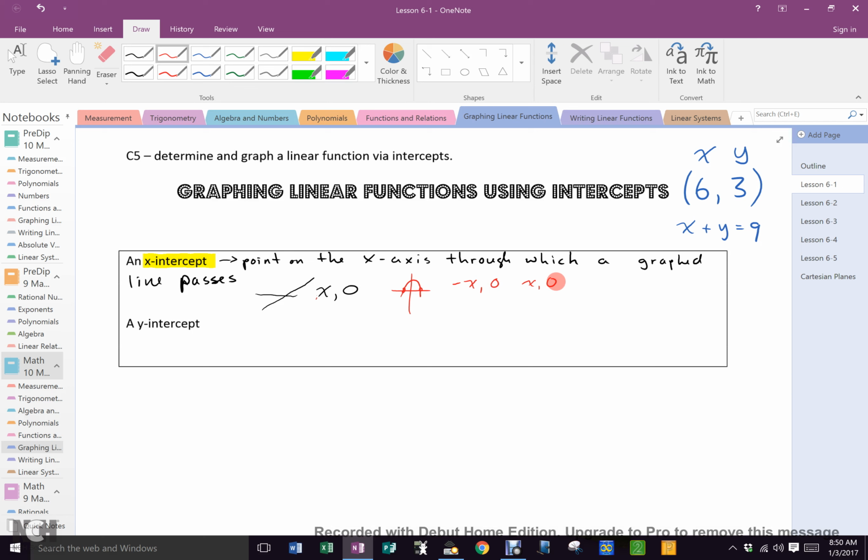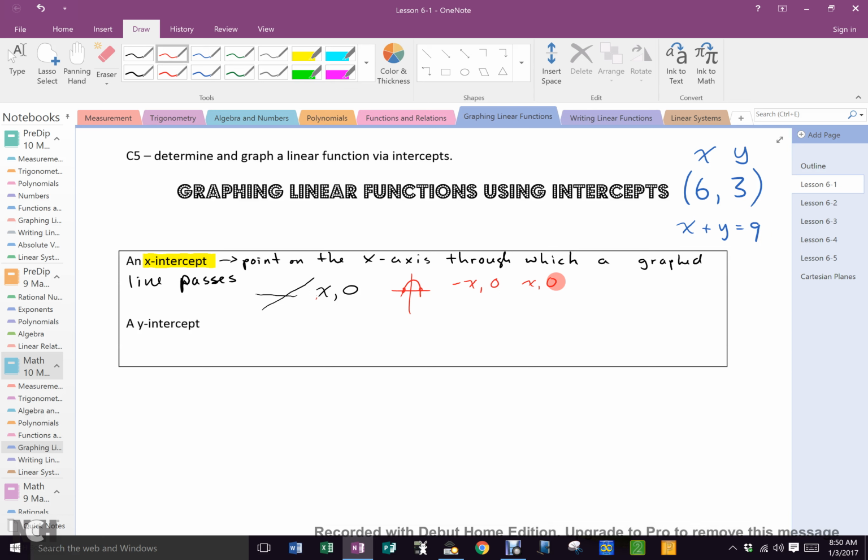I've shown you something that has happened thrice in math class. What does that mean will always happen? If it happens thrice, will it always happen? Yes. So what are the coordinates of every single X-intercept? X, 0. Does everybody understand that?